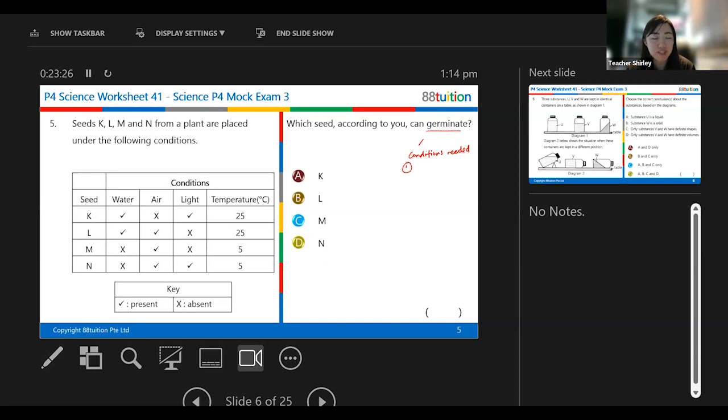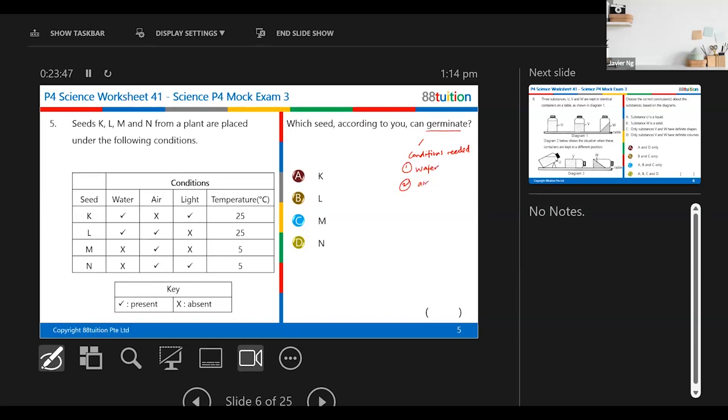Javier, I see Javier raising his hands. Javier, what are the conditions needed for germination to occur? You need water, but you don't need light, and you need warm temperature. That's right. Good job.